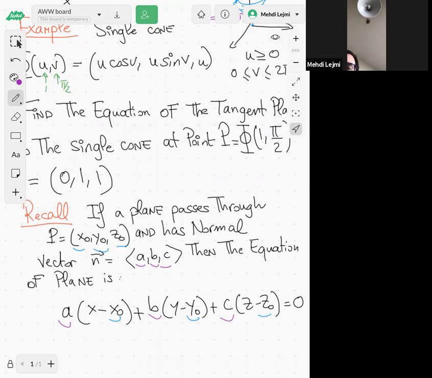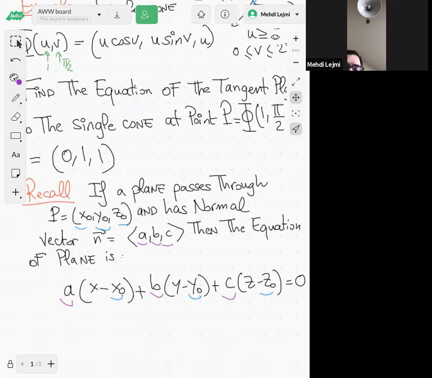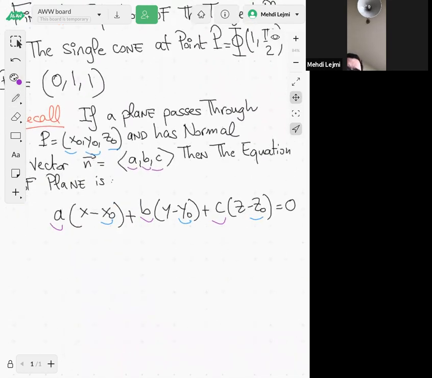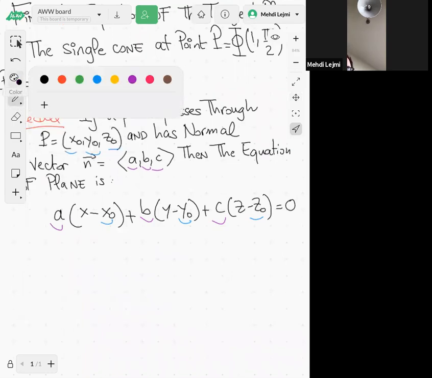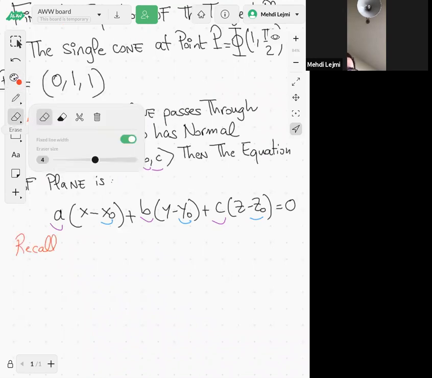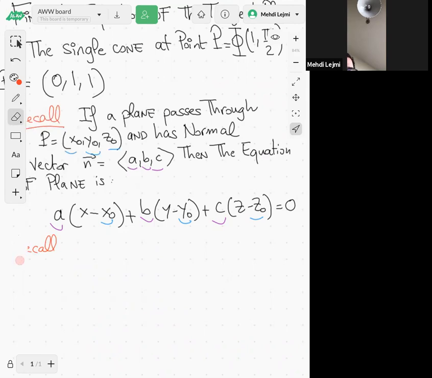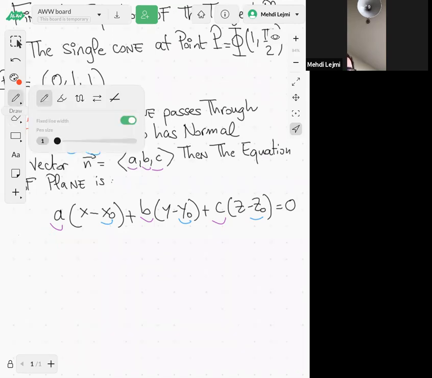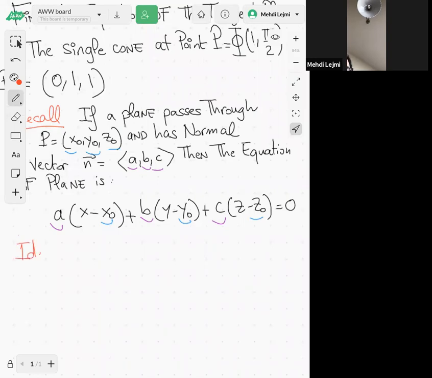Let me just remind you what's the geometric idea. Why do we have such an equation? Well, the idea is very simple. You have your plane. This is my point P, and here's my normal vector n, orthogonal to the plane.